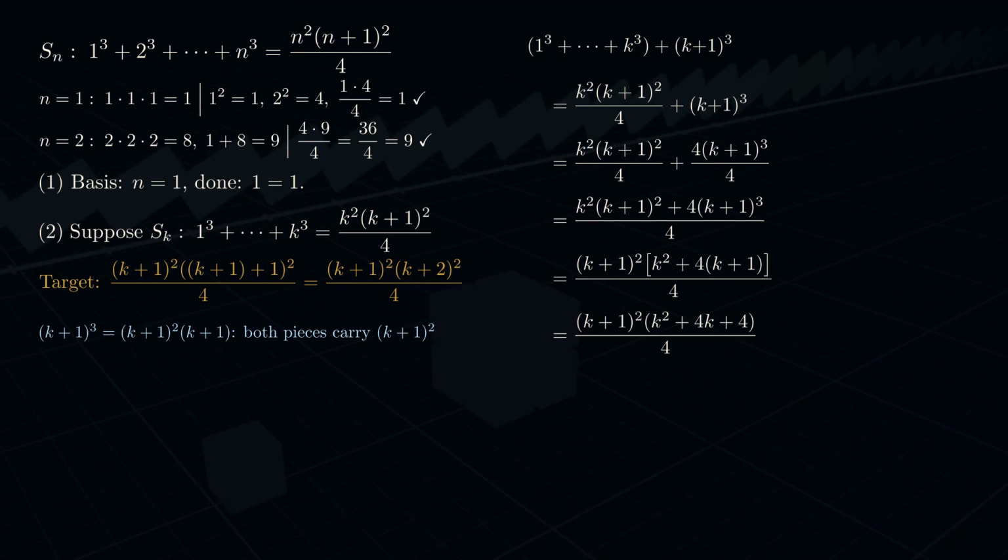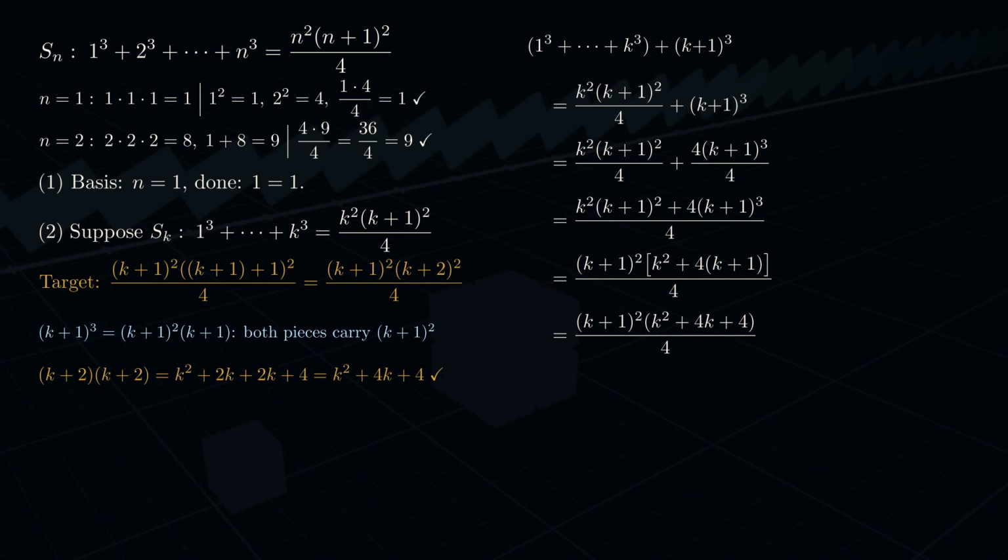And the target wants k plus 2 squared. Is k squared plus 4k plus 4 the same as k plus 2 squared? Multiply out and see. K plus 2 times k plus 2. K times k, k squared. K times 2, 2k. 2 times k, 2k. 2 times 2, 4.